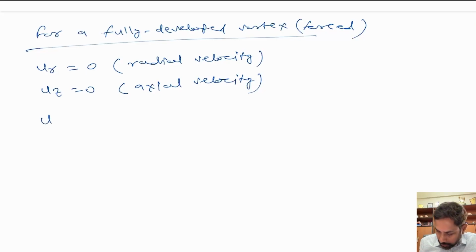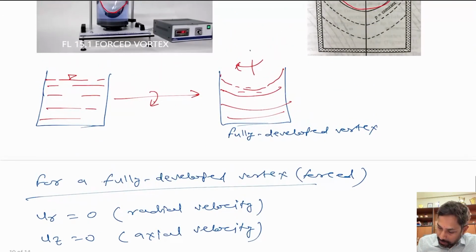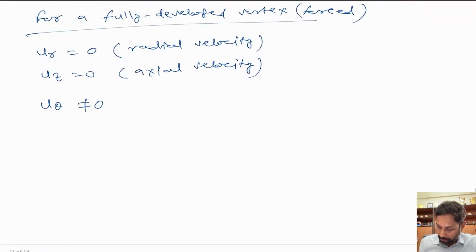But u theta is not 0, because that is the angular velocity that you are providing. Let's assume that you are rotating with omega, that is the rate of rotation.